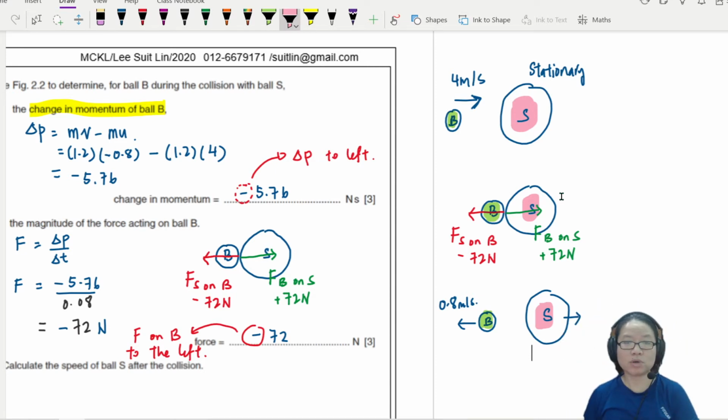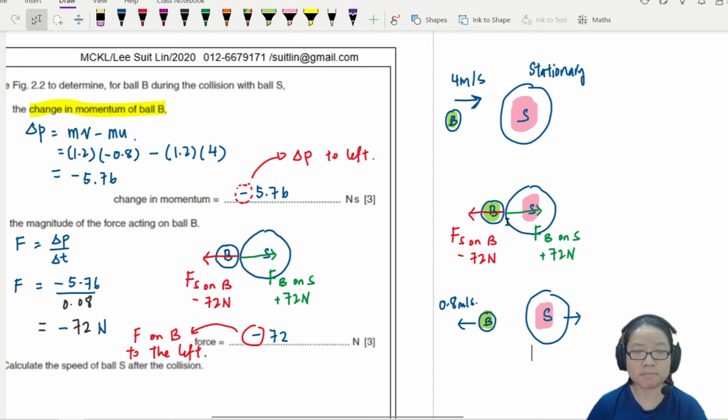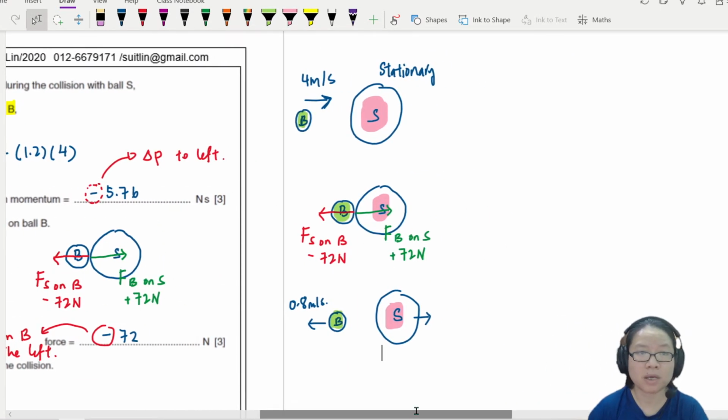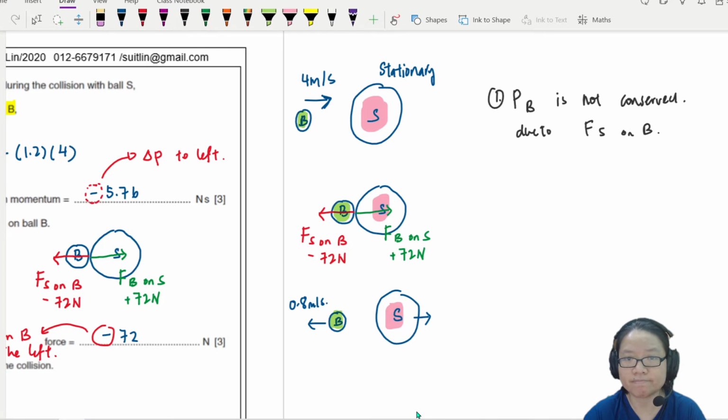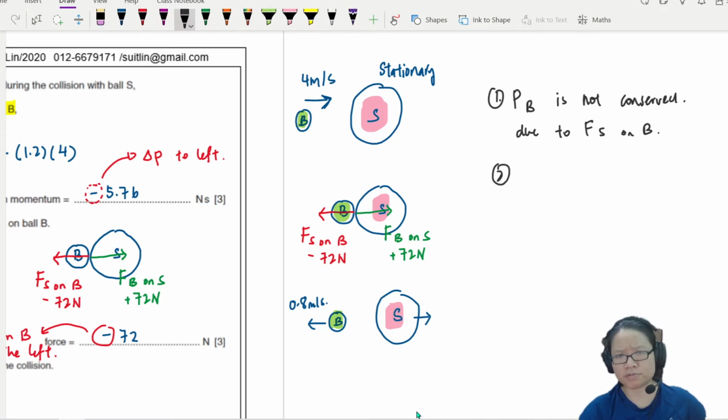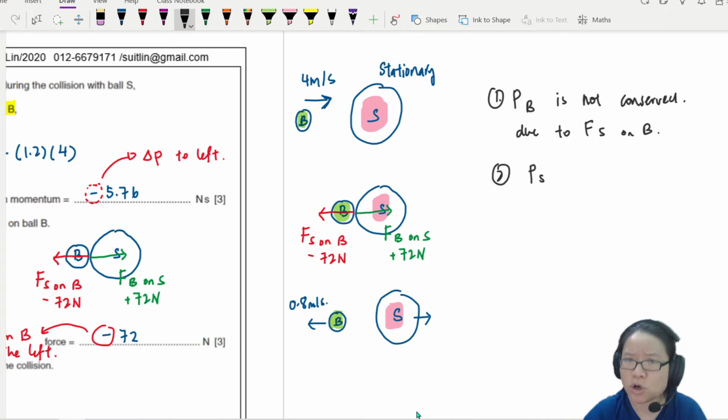If you want to think about conservation of momentum, let me type down a few statements regarding this drawing. Number one, momentum of B is not conserved. Why is it not conserved? Due to the force that S is acting on B. And because of this, we can also say momentum of S is also not conserved.